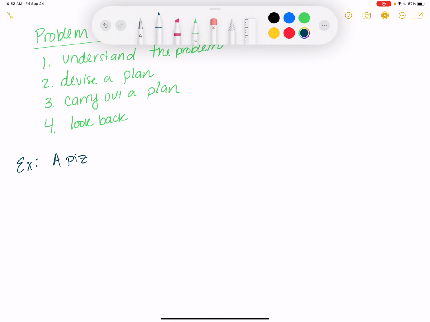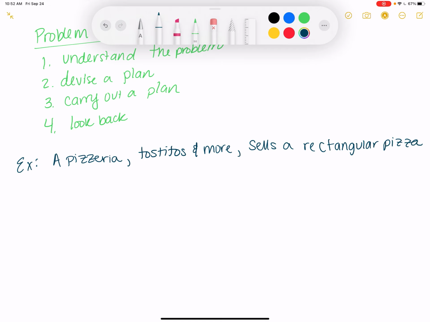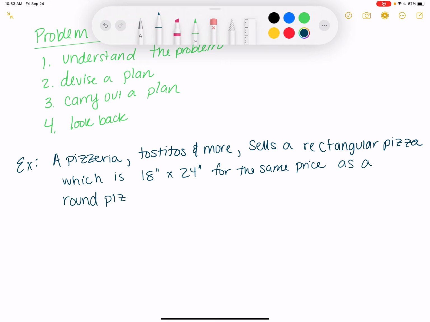A pizzeria, and it's called Tostitos and More, sells a rectangular pizza which is 18 inches by 24 inches for the same price as a round pizza with a 24-inch diameter.